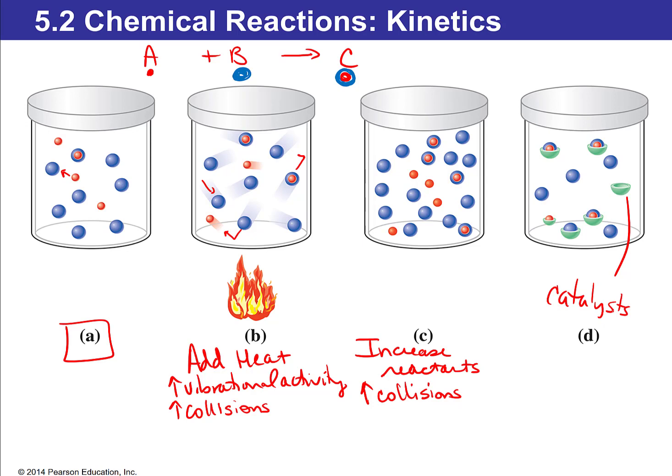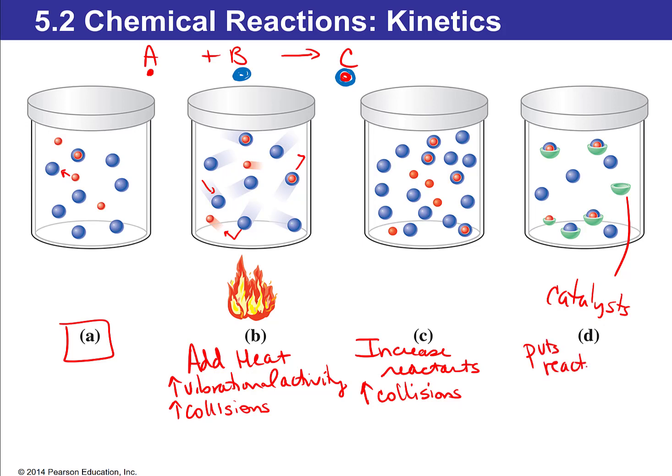The catalyst comes along and it actually binds to the reactants and puts them together in the right orientation. So it's not just random. You're not just waiting for them to go boom, and half the time they bounce off the wrong way. The catalyst will take A and take B and put them together correctly. And that's how it lowers the activation energy and speeds up the chemical reaction.